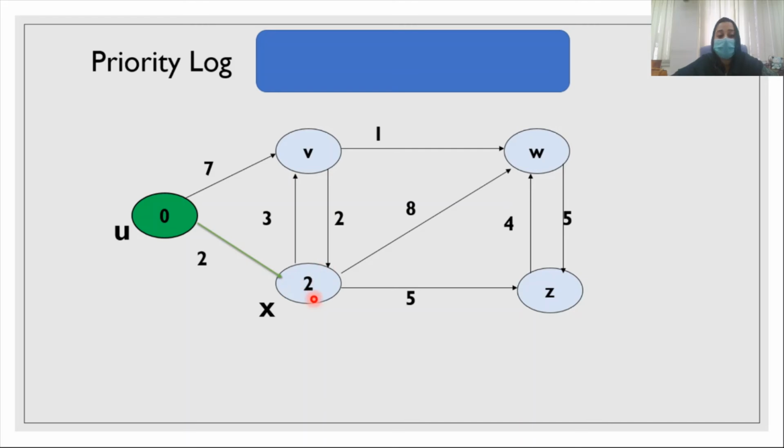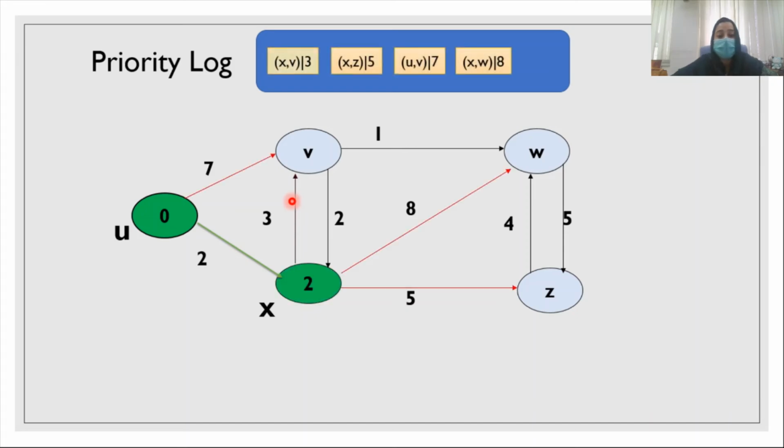We will begin from here and see all the outgoing edges, and we have 3 edges. One was going to the V with the 3 weight, the other one was going to W with 8, the next one was going to Z with a 5 weight. So we select the minimum one, which is X to V with the weight of 3.